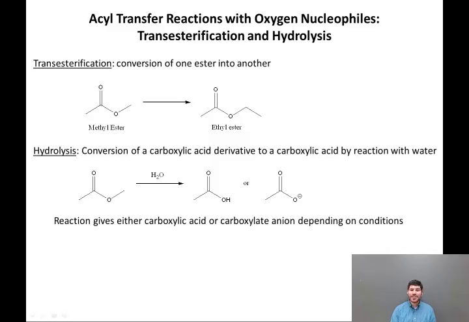The reaction will give either the carboxylic acid or the carboxylate anion, depending on what conditions the reaction is carried out under. Under acidic conditions, you are going to get the carboxylic acid. Under basic conditions, you are going to get the carboxylate anion, because carboxylic acids would be deprotonated under basic conditions.